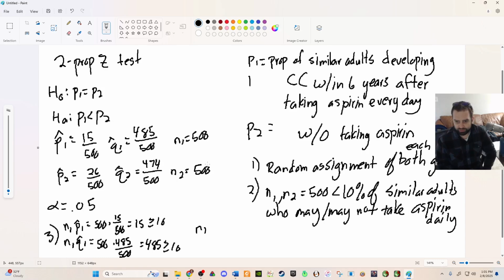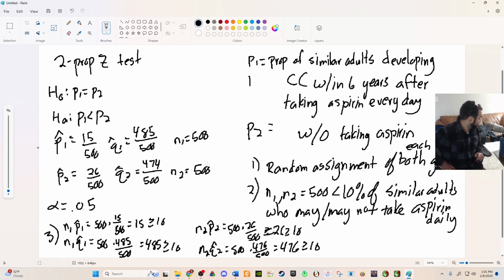Same thing if I'm doing n2 p hat 2, that's 500 times 26 over 500, that's 26. And q hat 2, 500 times 474 over 500, 474, that's all greater than 10. Okay. With that being said, we're good to go. We're good to make our test.